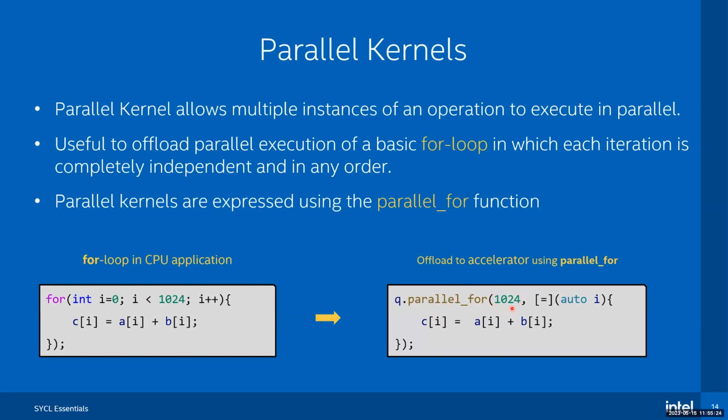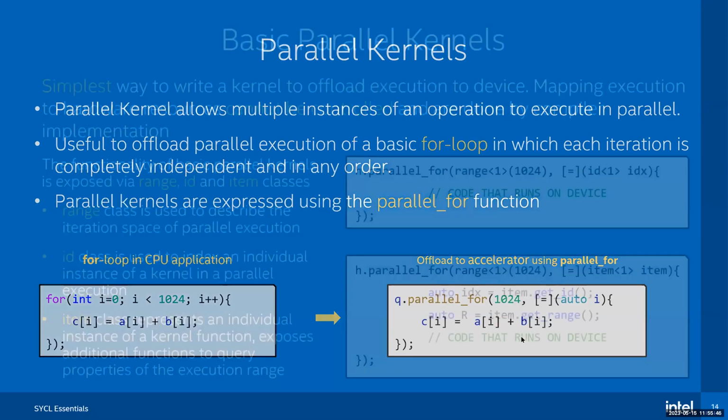The first parameter specifies the total number of elements, and then the I is the index so that you can iterate through it. There are 1024 elements, and depending on the hardware, all 1024 or some of them will be executed in parallel in a few iterations, right?